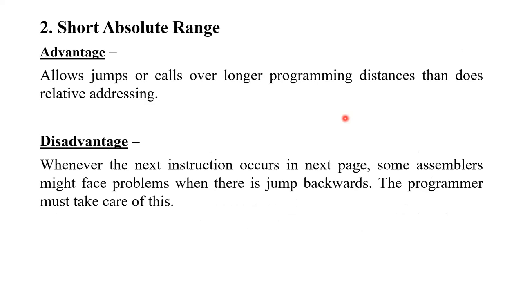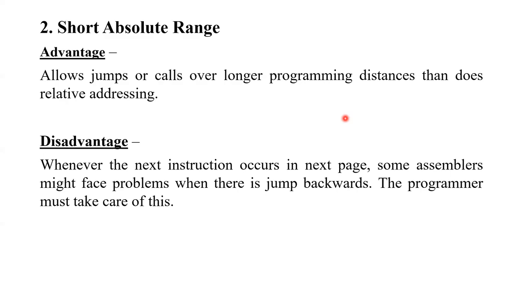Now, the advantage with short absolute range is that it allows jumps or calls over a longer programming distance than relative addressing does. We know that relative addressing range is only how much? The address which we can access using 8 bits or 1 byte of the address, right?